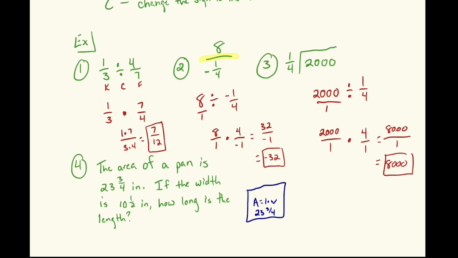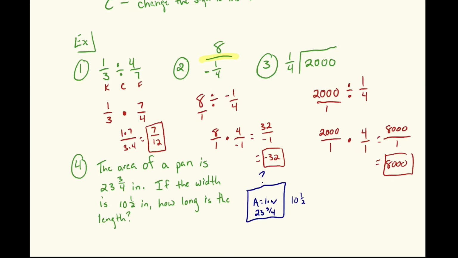The next sentence says if the width is 10.5, so that means this is 10.5, how long is the length? Well, like we said before, area is length times width. So all I have to do is multiply 10.5 times some number to get 23 3/4.